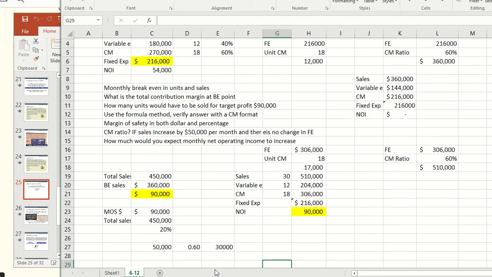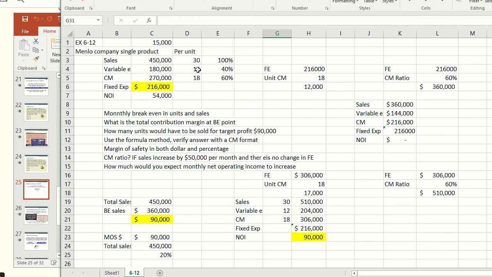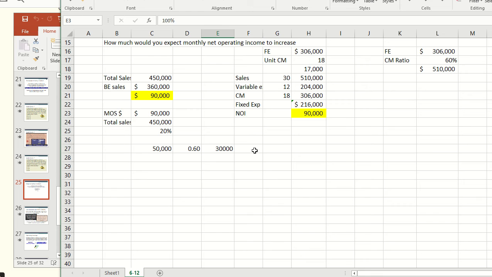And we could see that if we made a new income statement. These are our percentages. We're going up by $50,000. So it's 40 and 60. We're going up by, well, this is 500,000 because we went up by 50,000.